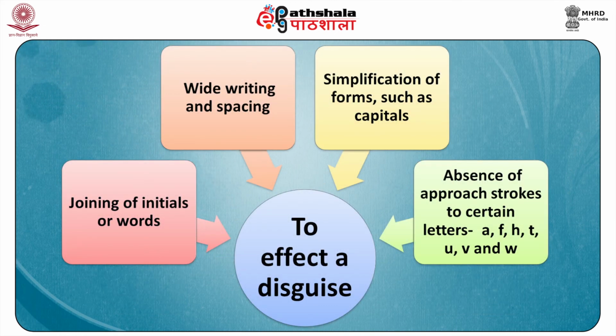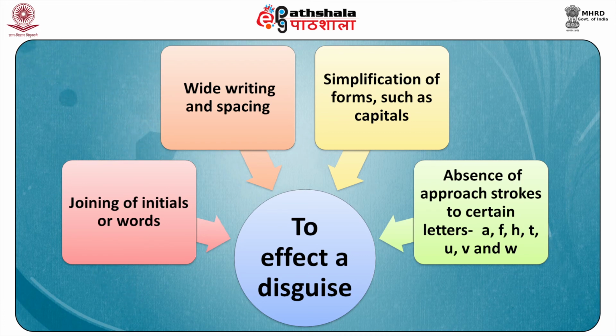In general communication, the more quickly the writing is written, the more natural it is. The subsequent are also signs of naturalness when found in large bodies of writing, for example, a note or a letter. Number 6, joining of initials or words.